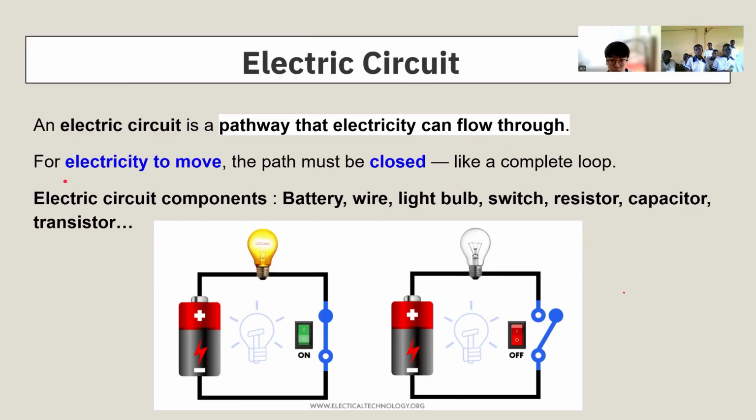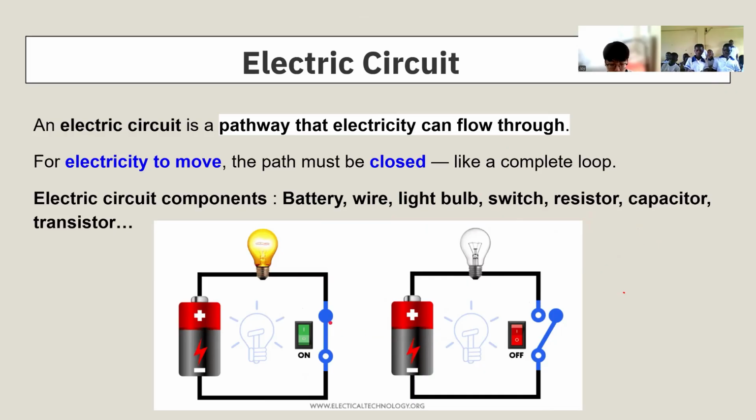For electricity to move, the path must be closed, like a complete loop. And electric circuit components are things like battery, wires, light bulbs, switch, resistor, etc. So you can see that this whole thing is called a circuit.